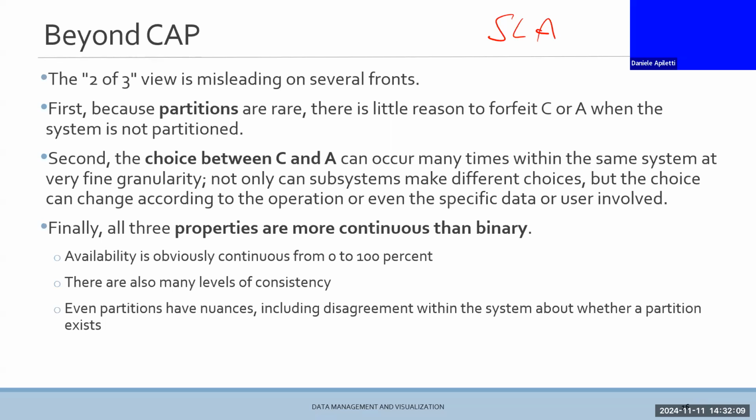For instance, you buy Google Cloud, AWS, or Azure, you have an SLA. The SLA says, I'm available 99.99% of the time. So it means that sometimes it's not available.